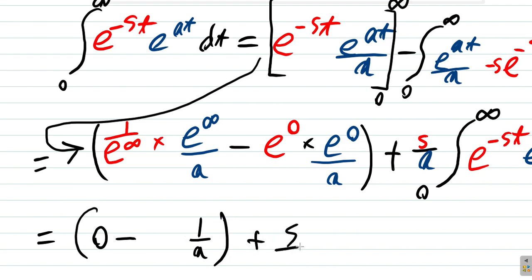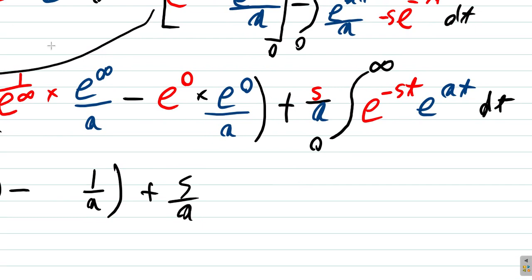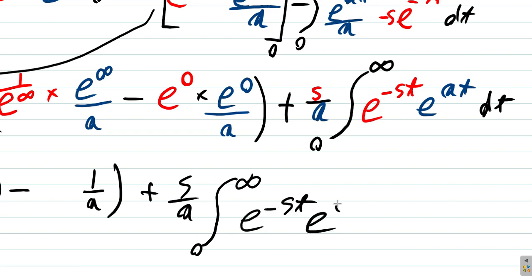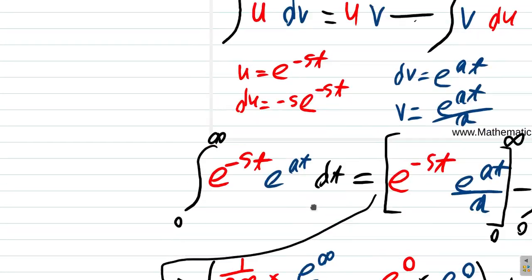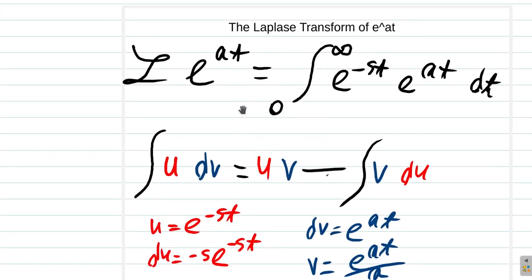Plus s over a. Now what do we have here? Integral from 0 to infinity of e to the negative st, e to the at, dt. Alright? Now here, what we're looking at is the Laplace transform of e to the at.